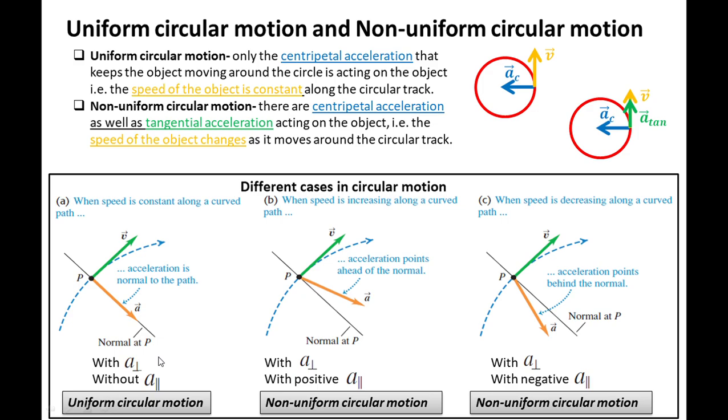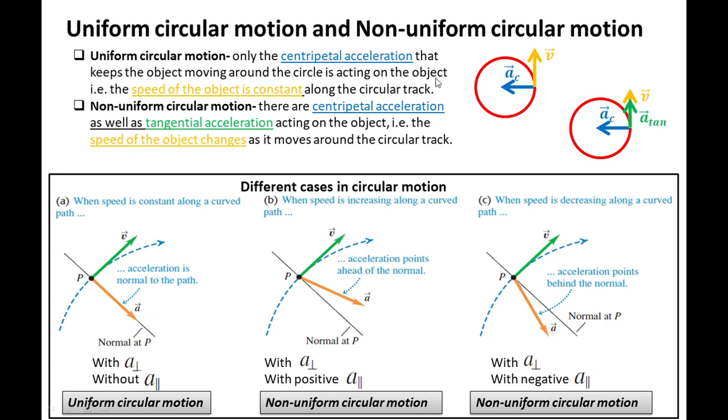Now, we have different types of circular motion. The circular motion is categorized into two types. We have the uniform circular motion, and we also have non-uniform circular motion. What is the difference between these two? In uniform circular motion, we can say that the object is moving in uniform circular motion only if the centripetal acceleration that keeps the object moving around the circle is acting on the object.